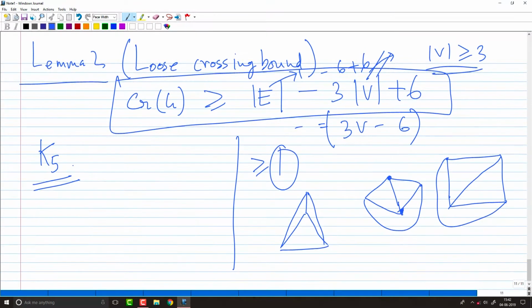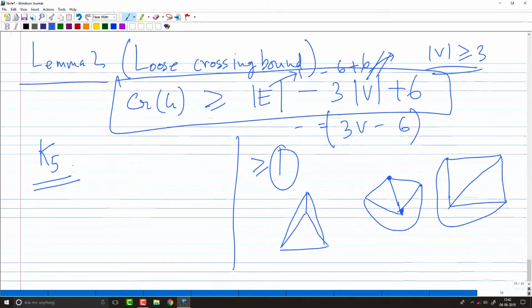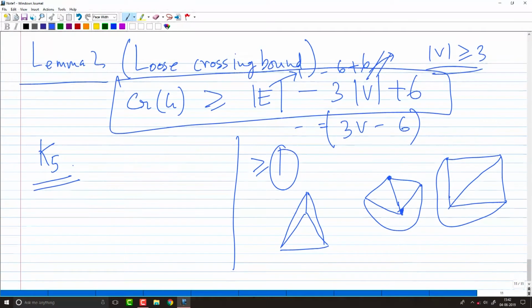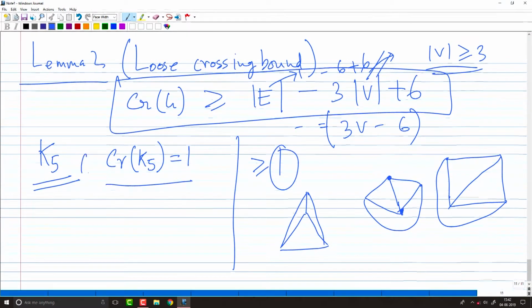It tells you something even stronger, but surely for a graph that has a K5 or a K3,3 in it, you won't be able to draw it in a plane without crossing. Good. But for K5, it has to be greater than or equal to 1. So, this will be an exercise: show that the crossing number of K5 is 1. Okay, this is a question.